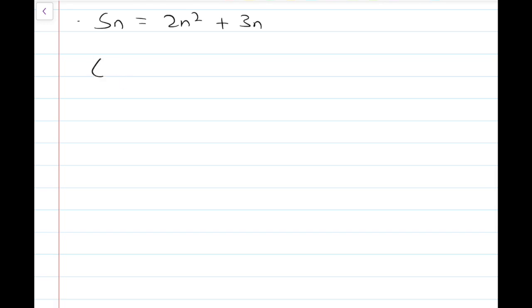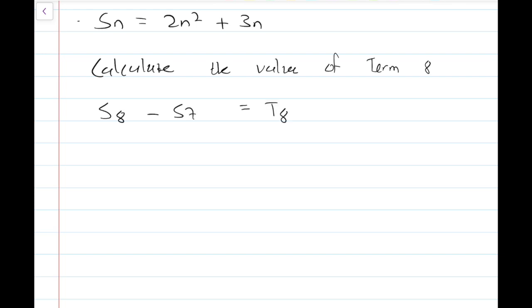They give you this and say we need to calculate the value of term 8. So the value of term 8 is going to be the sum of the 8th term minus the sum of the 7th term. Sum of 8 is pretty simple.